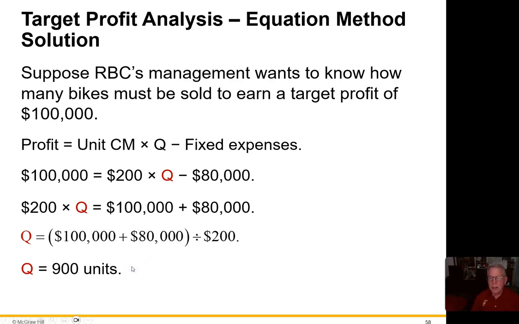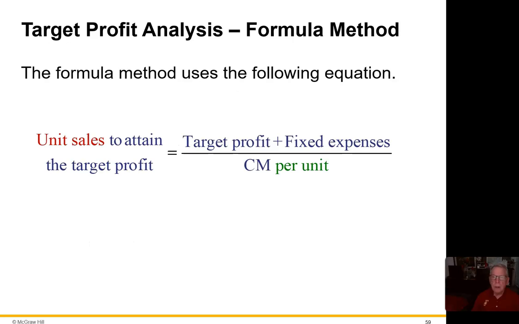And that says that we need to sell 900 units to make $100,000 in operating profit.